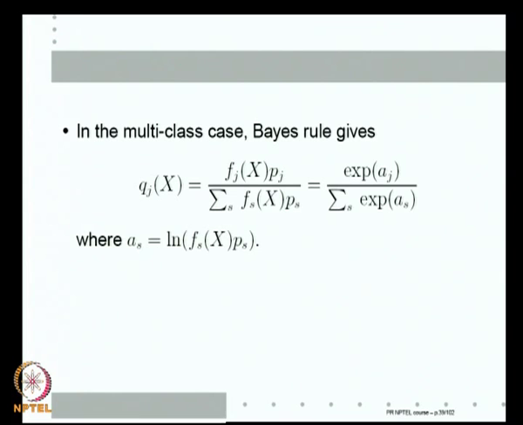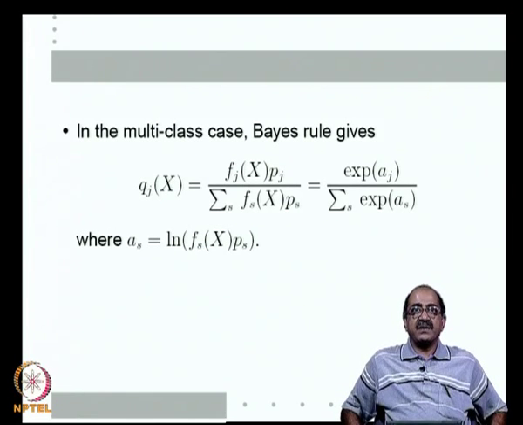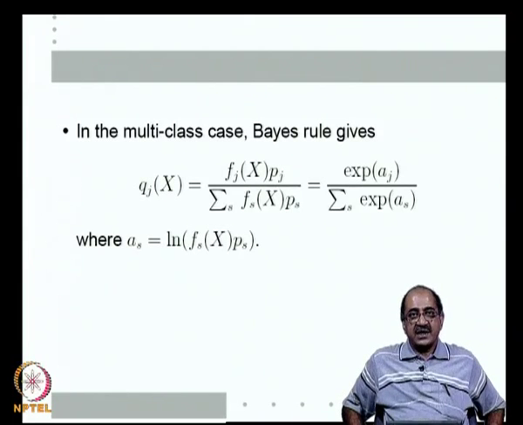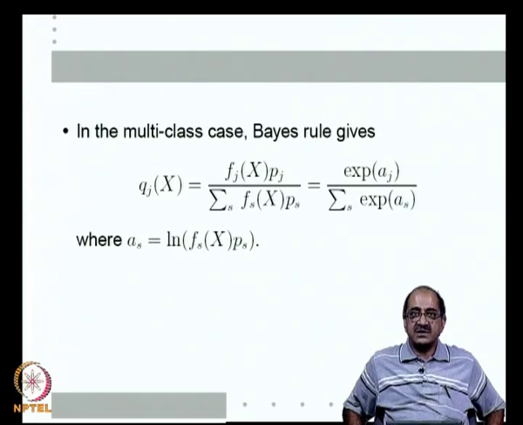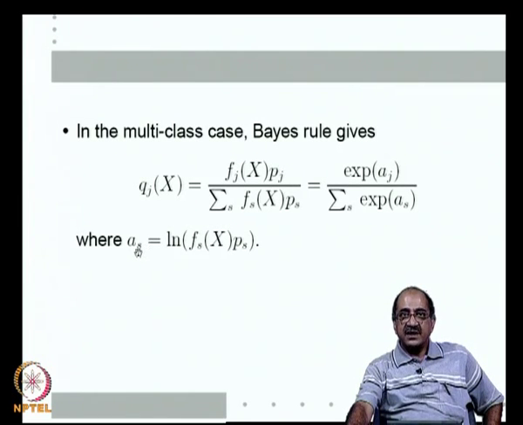So, once again for the multi-class case, let us start with the Bayes rule. If I want the posterior probability of class j, I can write it as fj(x) pj divided by the summation of fs(x) ps over s. As I said, because there are multiple classes, the denominator has as many terms as there are classes. We will write this as exponential aj divided by the summation over s of exponential as, where as is given by ln of fs(x) ps.